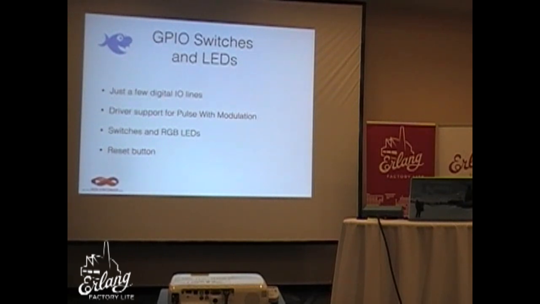So the GPIO ports, these are the black connectors on the top. So it's a couple of digital I/O lines, actually. The driver support for this is pulse width modulation. So this is basically a one-time configurable wave function that you create, and that will basically switch them on and off in some specified interval.